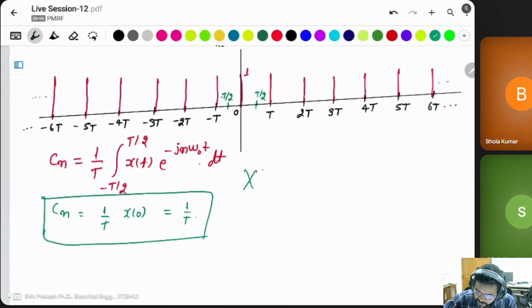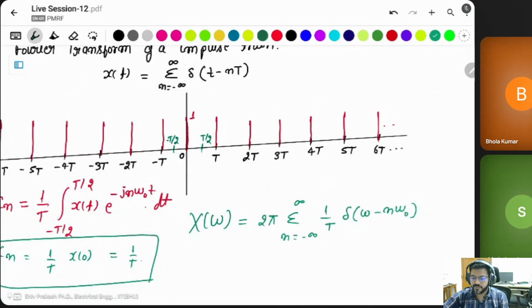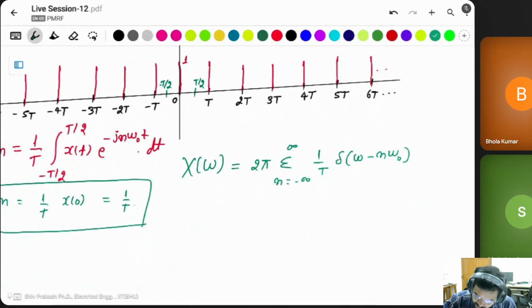Okay, next, the Fourier transform of this one will be 2 pi times the summation of n equals minus infinity to plus infinity of Cn, that is 1 by T, times delta of omega minus n omega naught. So the Fourier transform of that function will be 2 pi by T times the summation of n equals minus infinity to plus infinity of delta of omega minus n omega naught.